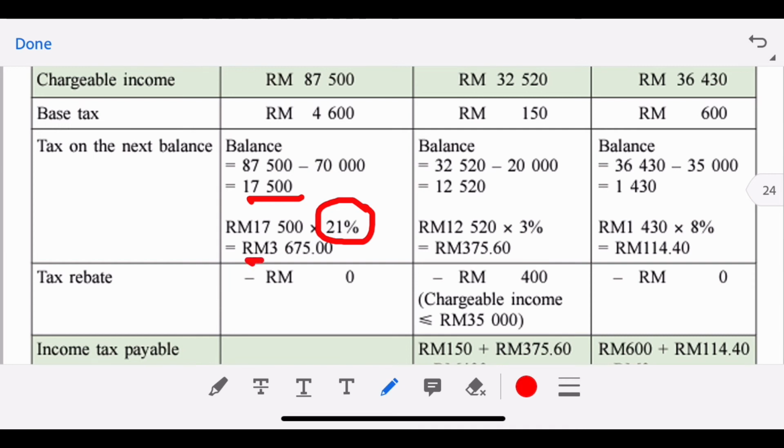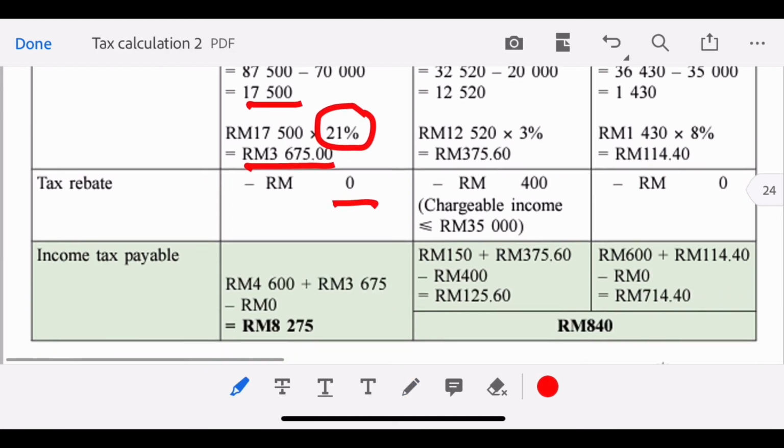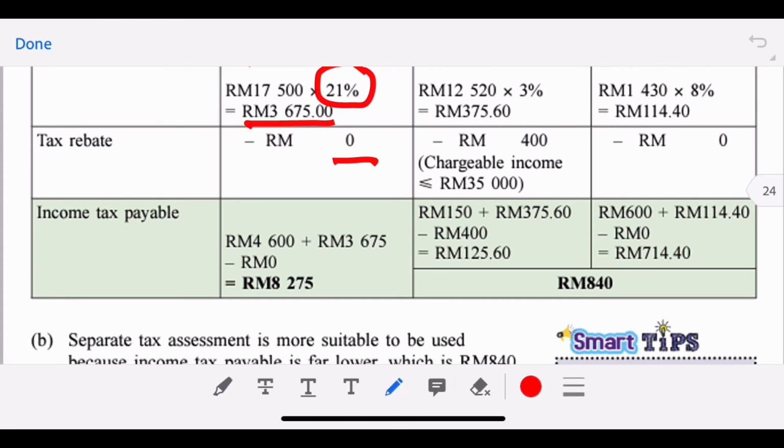So the tax will be 3,675.00, and the rebate 0. Income tax payable, okay, will be base tax plus the tax on the next balance, minus 0. So the income tax payable for both of them, using the joint tax assessment, will be 8,275. This is the amount.